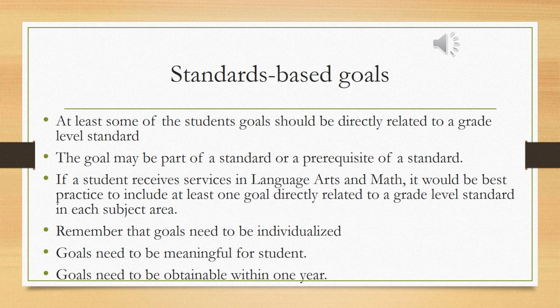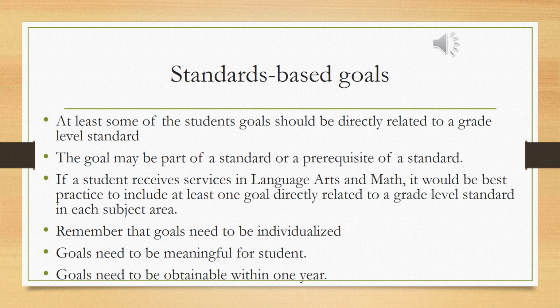So sometimes you may have a goal that is related to a standard but not exactly the same as the standard. For example, you may expect that student to master only part of a certain SOL standard, or maybe a very important prerequisite to that specific standard.